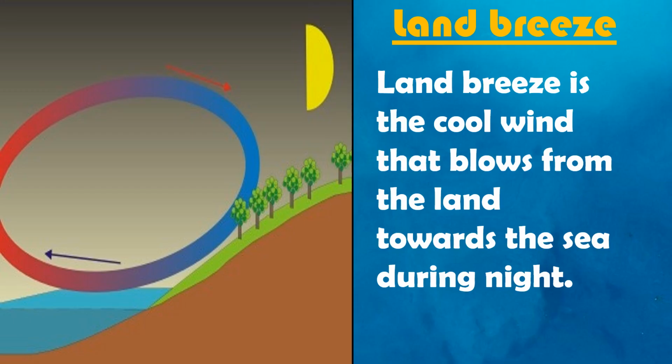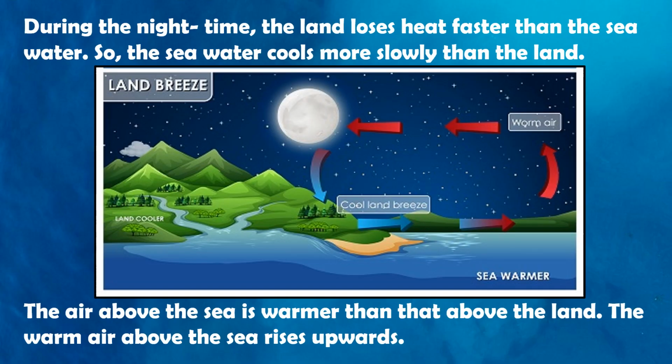Land breeze is the cool wind that blows from the land towards the sea during night. During the night time, the land loses heat faster than the sea water. So, the sea water cools more slowly than the land. The air above the sea is warmer than that above the land.